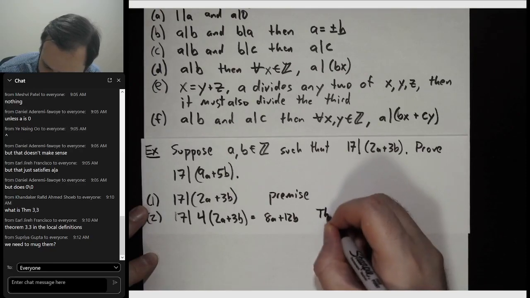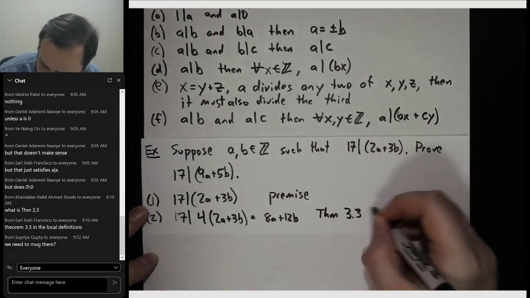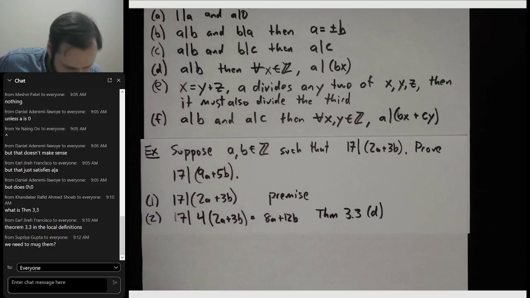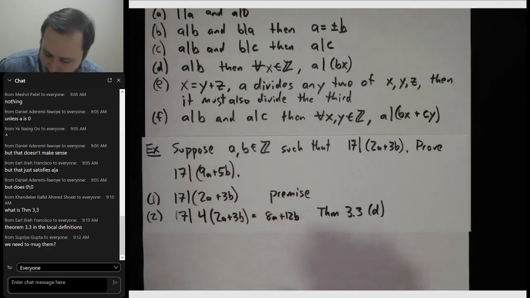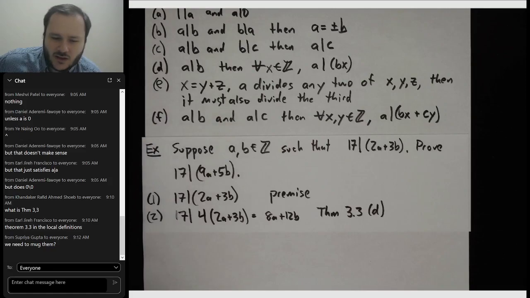And this is by theorem 3.3 part D. Okay, I'm going for 9a plus 5b. What I have is 8a plus 12b. That's not super interesting.